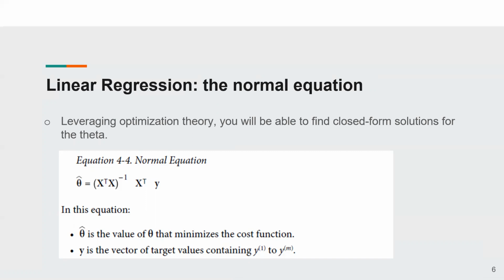This theta estimate is the value of theta that minimizes the cost function that we just defined earlier, and y is a vector of the target values containing all the y's. So this would be your estimated theta. This theta is able to minimize MSE, which is your objective function for linear regression.